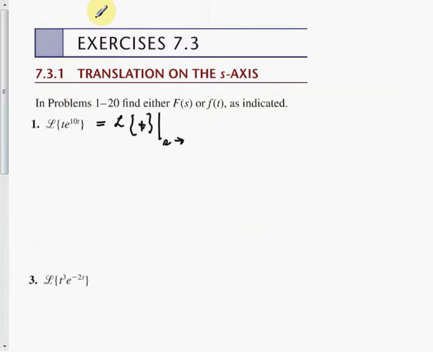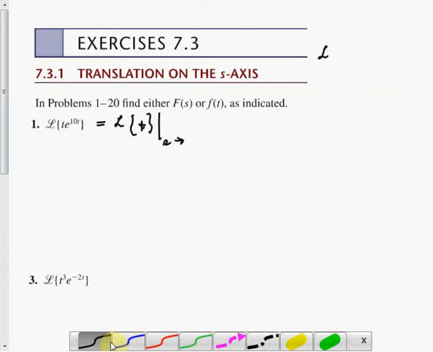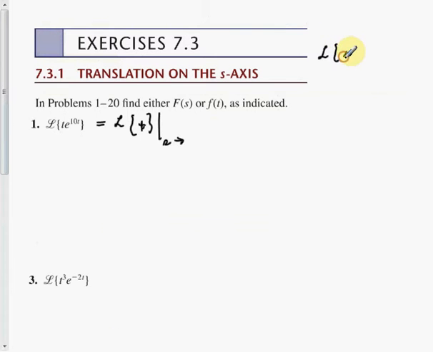If you were taking the Laplace transform of e to the 10t, you would write that as 1 over s minus 10, right?